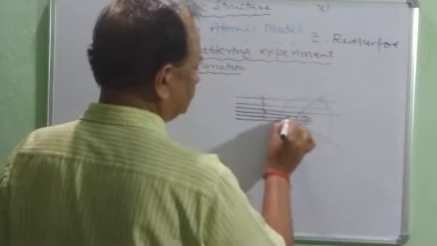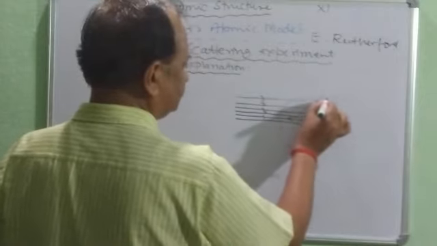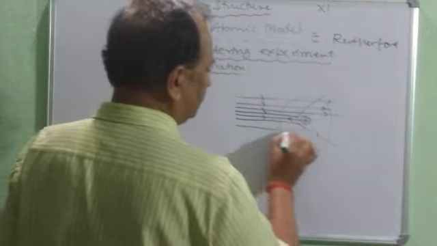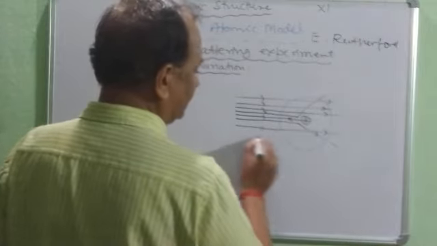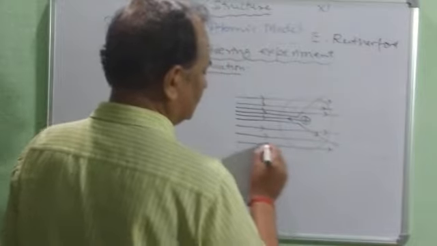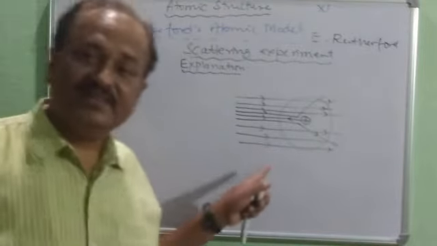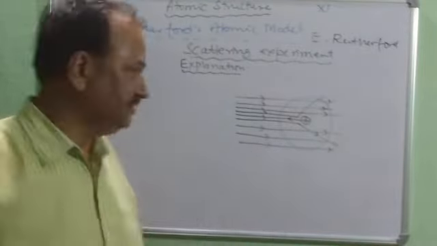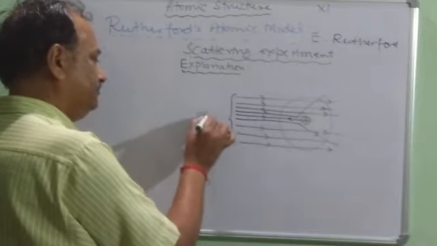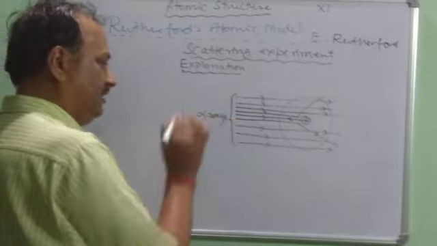See what happens. The passing of most of the alpha rays in a straight line, like this. It is clear from this diagram. These are the alpha rays.